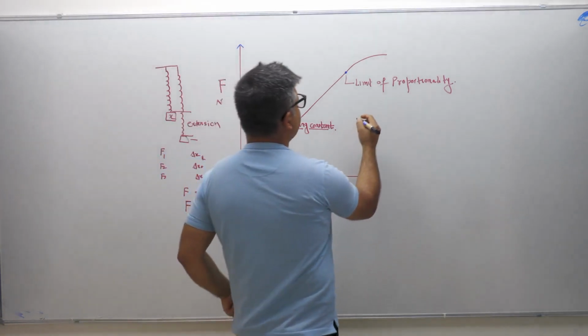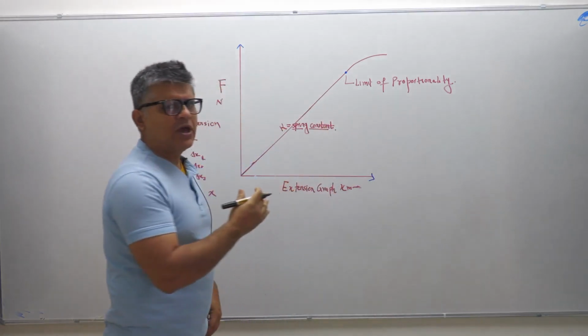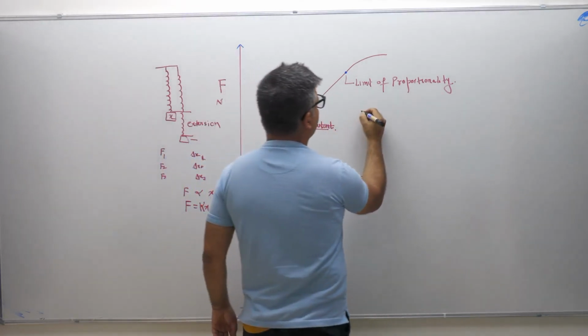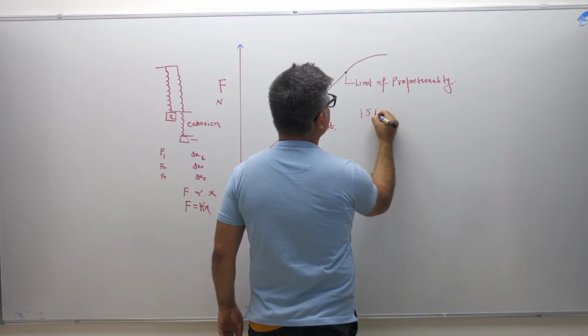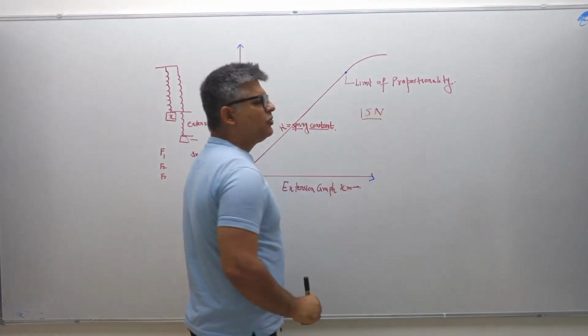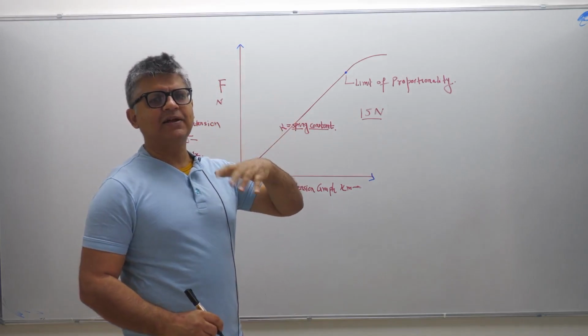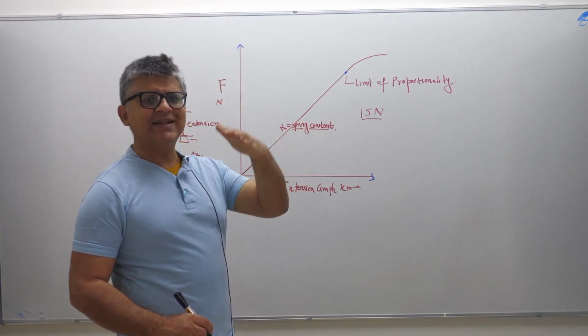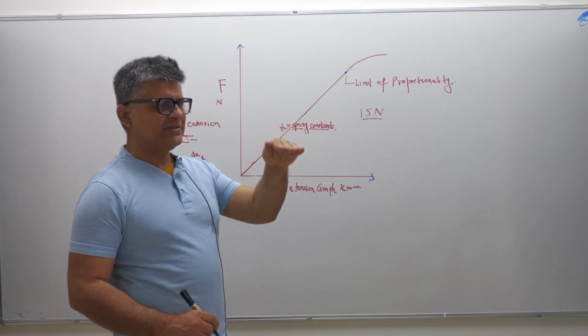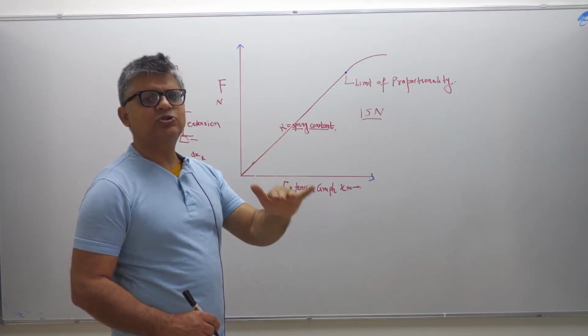The problem is you have a spring, and you apply a force of 15 newtons to it. Initially it was unextended. When you apply 15 newtons, there is an extension in the spring, and the spring comes to a level.